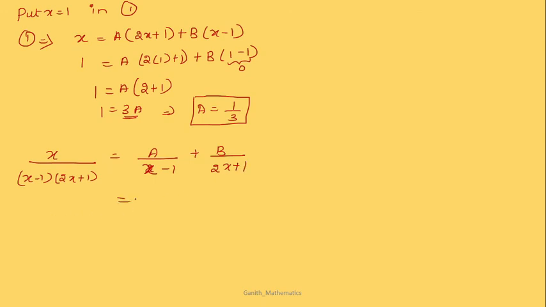Okay, so a is 1 by 3, so 1 by 3 into 1 by x minus 1, and b is also 1 by 3, so 1 by 3 into 1 divided by 2x plus 1. Okay, this is the final answer. Okay, we are moving to the next problem.